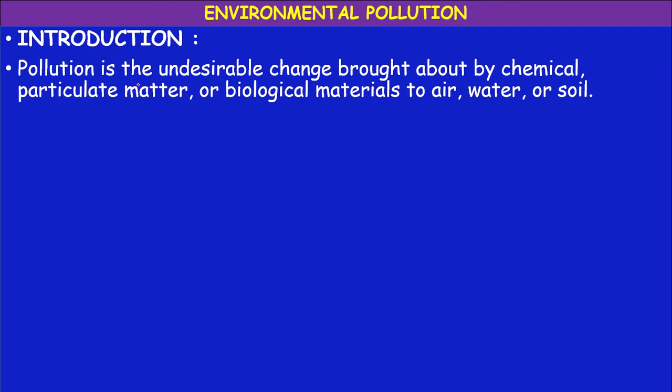The pollution. What is pollution? Pollution is the undesirable change, unwanted change brought about by chemical, particulate matter or biological materials to air, water or soil. The meaning is the addition of unwanted chemicals, particulate matter and biological waste materials into the air, water or soil is called environmental pollution or simply pollution.